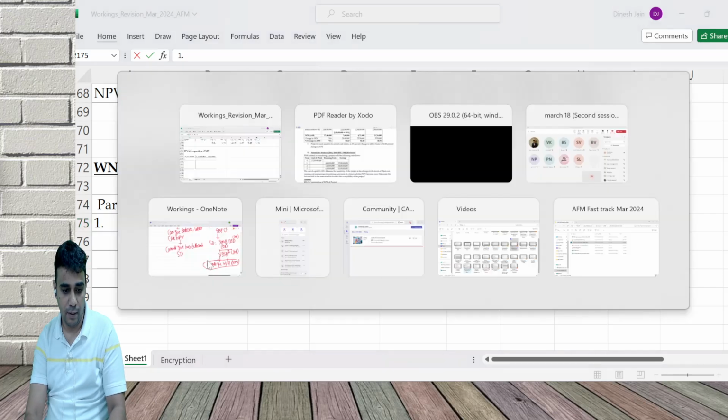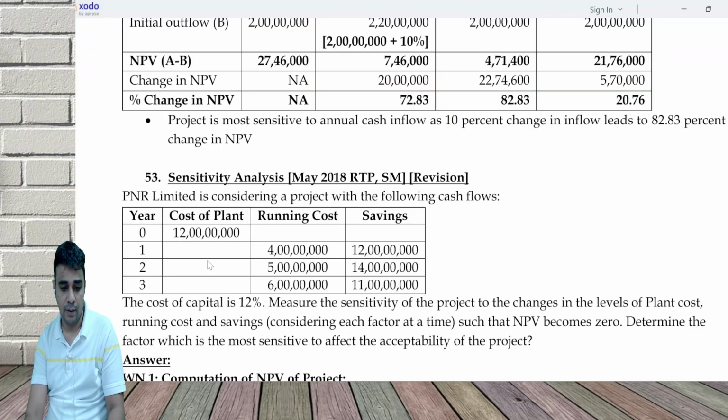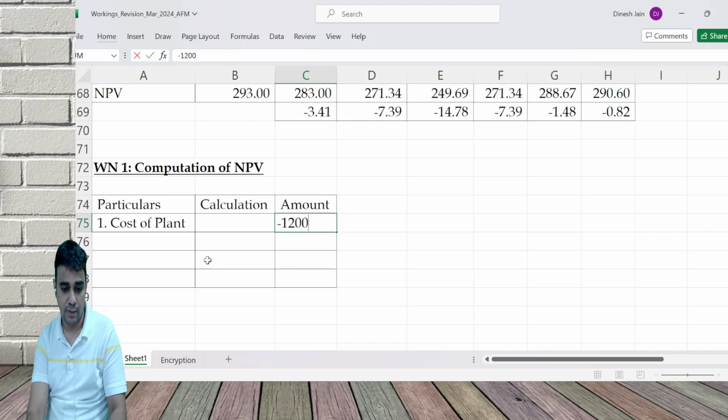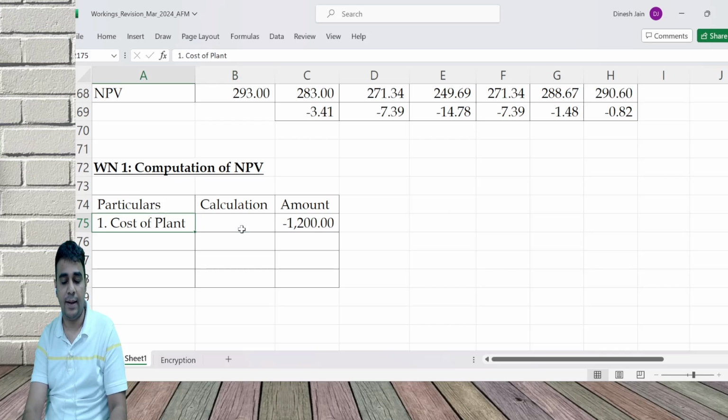Point number 1: cost of plant, negative 12 crores. Writing it in lakhs, okay? Negative 1200.